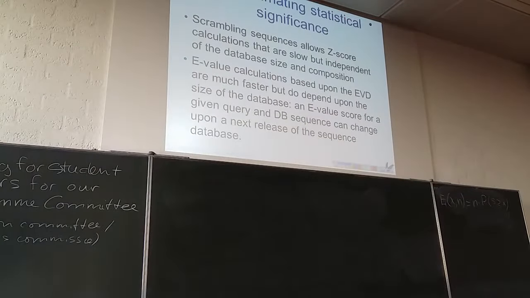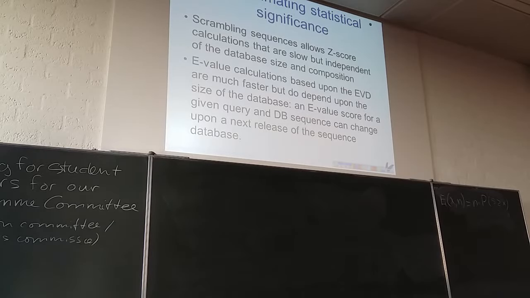Now, just to wrap that up, if you do explicit scrambling of your sequences, you can calculate the z-score, and then from the z-score you can calculate all the rest. This is slow, but you don't have to worry about the a priori parameters of your database.